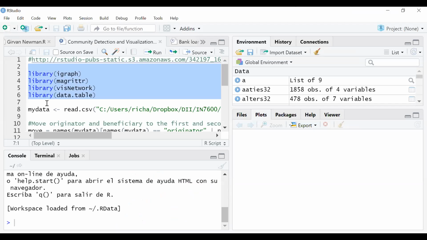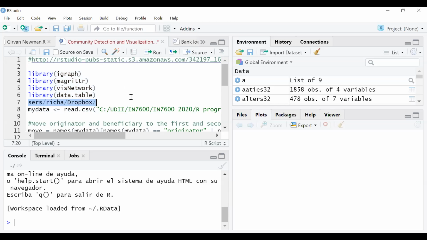Then what I did here is I just copied the R code from the web page to my RStudio. And if I go through this, I can read data. Of course, the only thing I had to do is to establish the path. So I have to read now from my path. I copied the data set, the fake data transactions, to my path. So you have to establish your own path. In my case, it's, sorry.